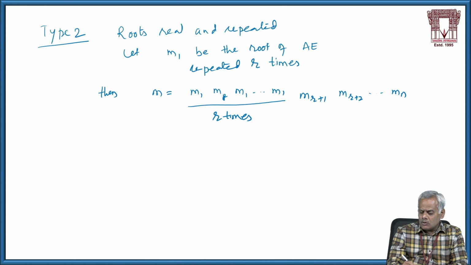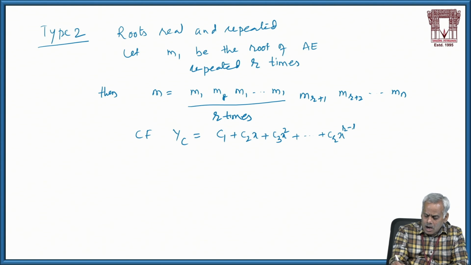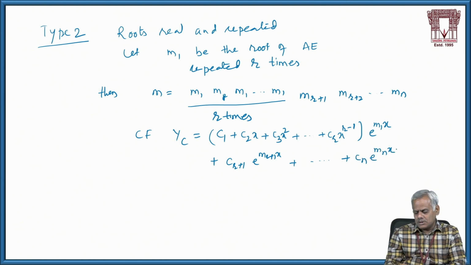Now since m1 is a real root repeated r times, the part of the complementary function y suffix c is written as c1 plus c2x plus c3x square up to cr x power r minus 1, times e power m1x, and for the remaining real and distinct roots, c r plus 1 e power m r plus 1 of x up to cn e power mnx.